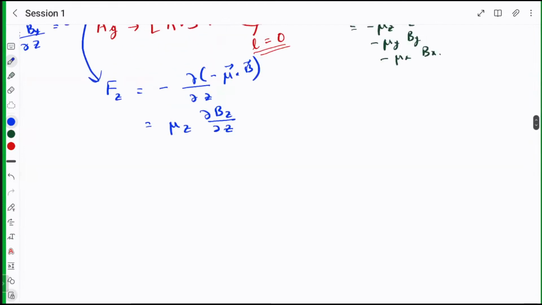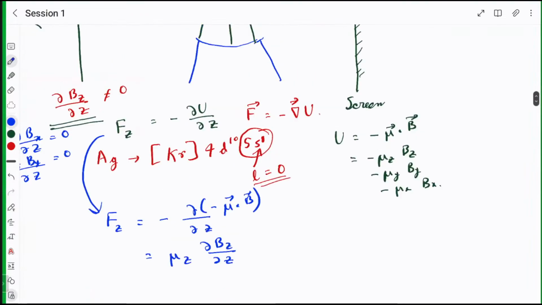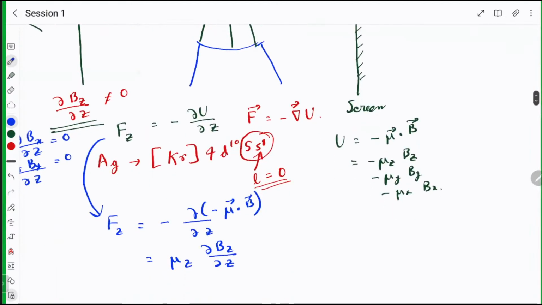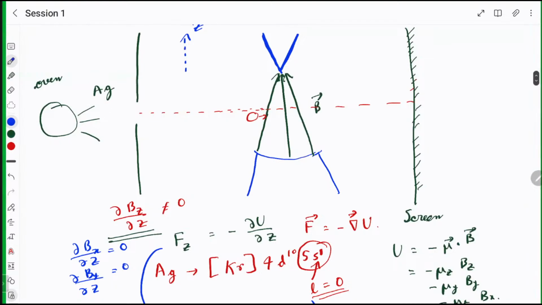Now, given this, what do we expect to see on the screen? The silver atoms which are coming out of the oven will have magnetic moments distributed in all kinds of directions.